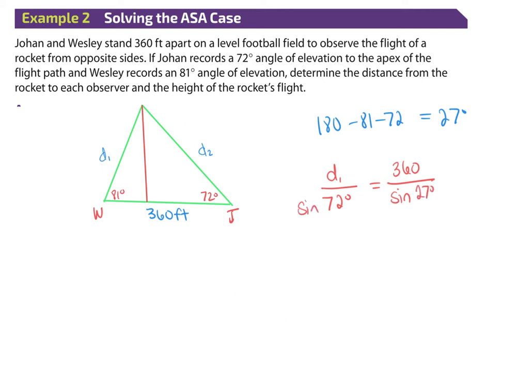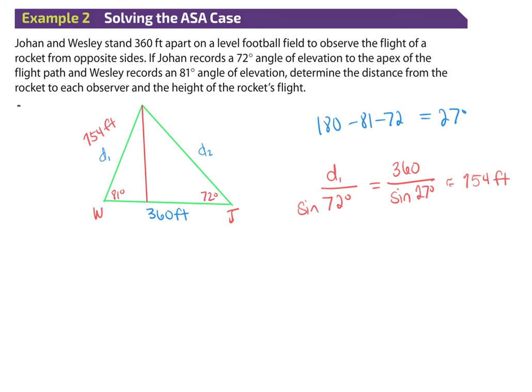All right. And then I'm going to solve for that distance. So I have the 360 divided by the sine of 27 times the sine of 72. I will get approximately 754 feet here. So this is approximately 754 feet.